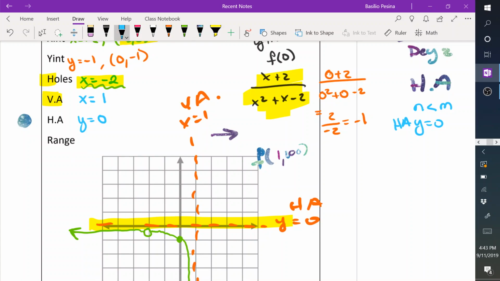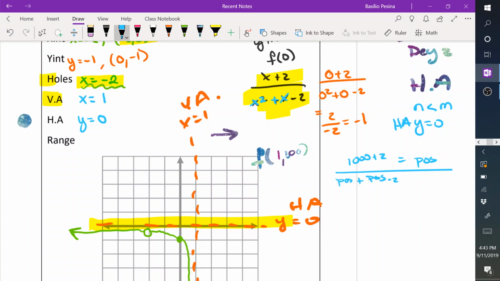The numerator will be 1000 plus 2. That is positive on the numerator. The denominator says 1000 squared. That's positive. Then I add another 1000, so it's still positive, and then I subtract 2.